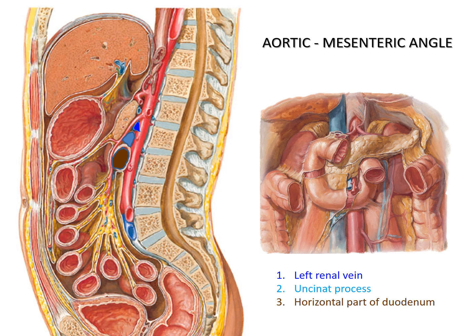Superiorly, we have the left renal vein. In the middle, we have the uncinate process of the pancreas, and inferiorly, we have the horizontal part of the duodenum. Look now, between the superior mesenteric artery and aorta, we have one blood vessel, the left renal vein, and two organs, the uncinate process of the pancreas and the horizontal part of the duodenum.